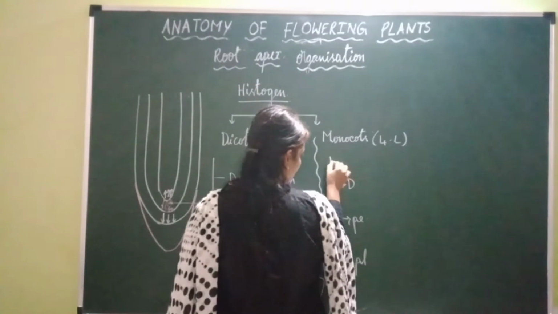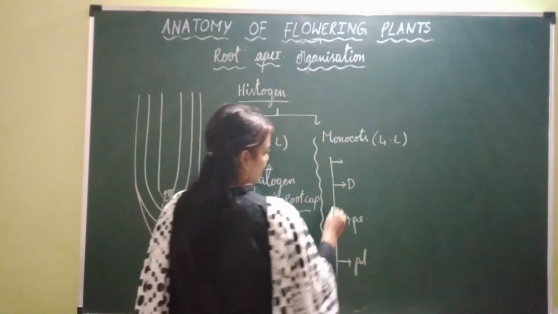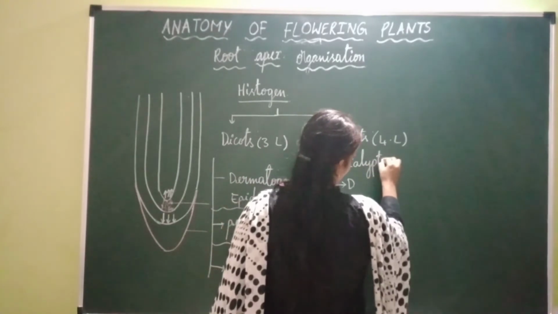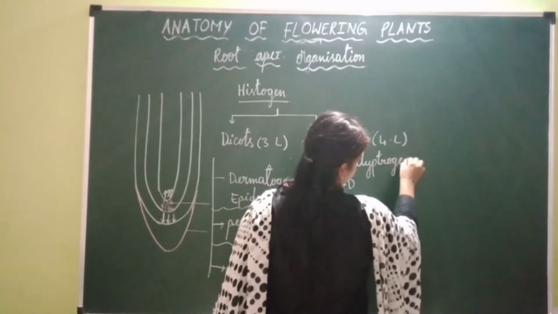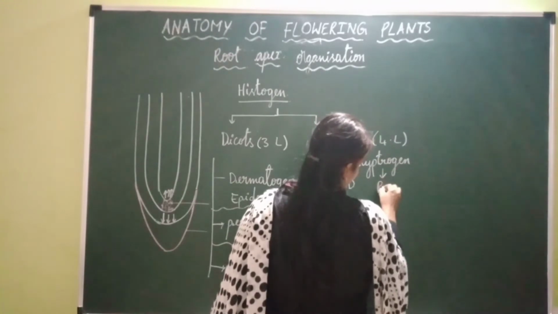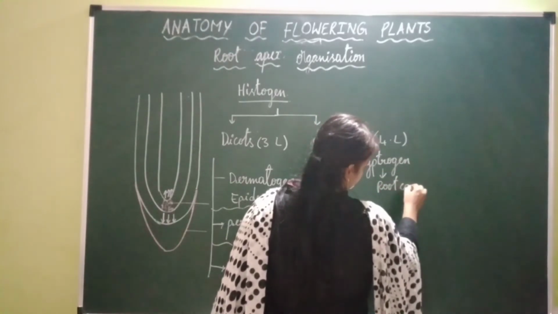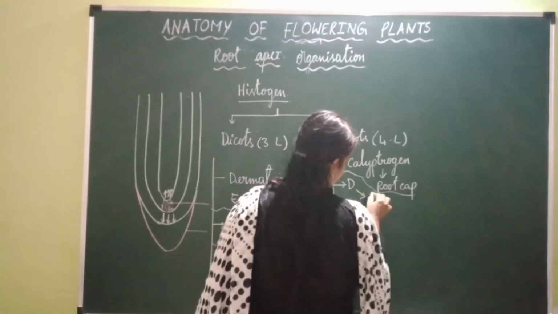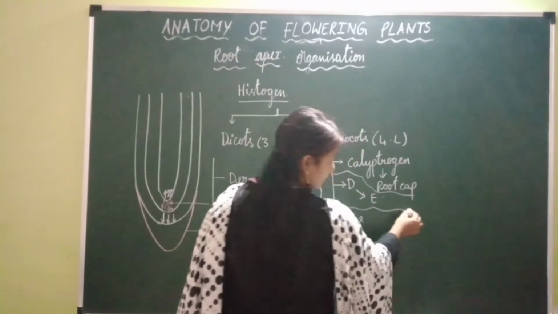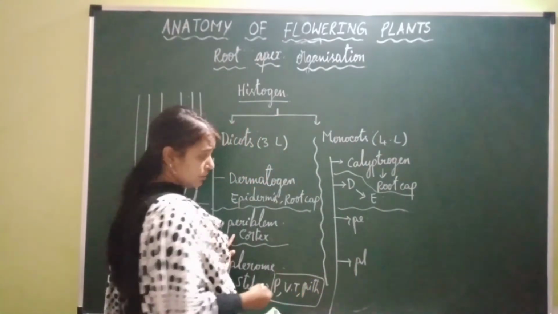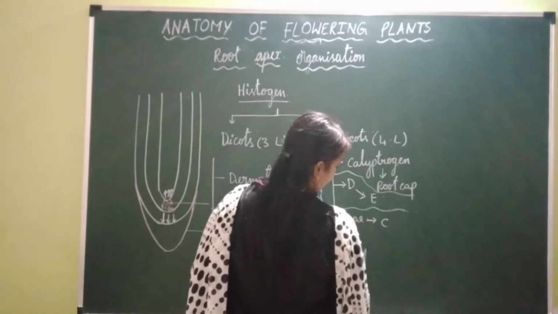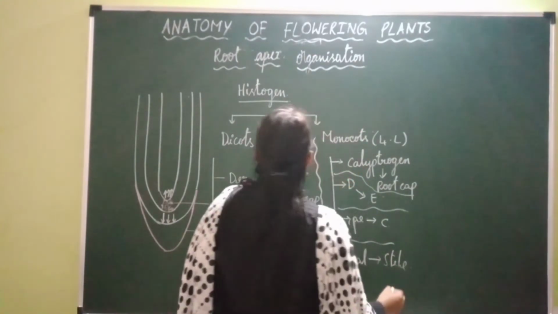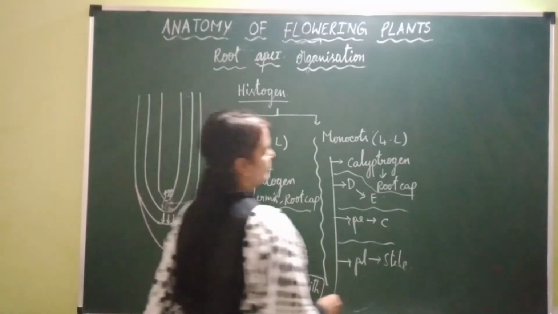The extra layer is calyptrogen. This calyptrogen forms root cap, whereas dermatogen forms epidermis. Periblem forms cortex in the same way, and plerome forms stele. So this is about histogen theory.